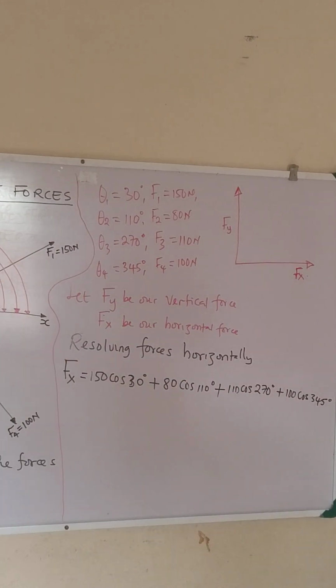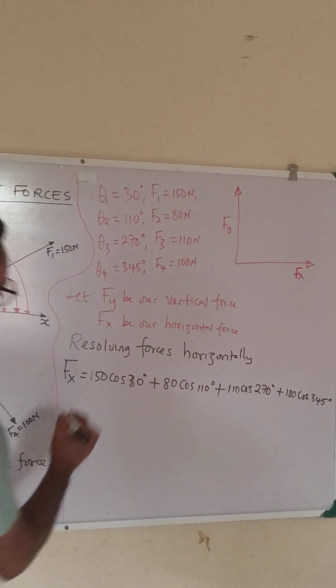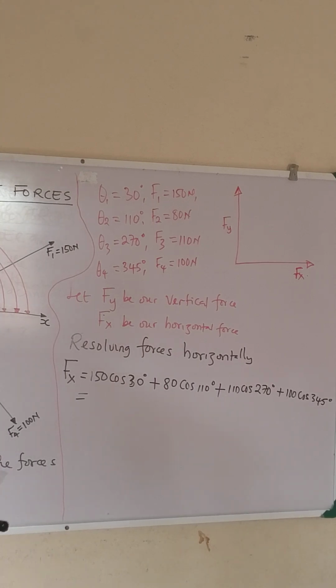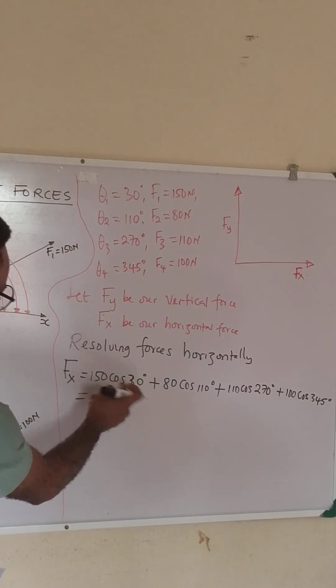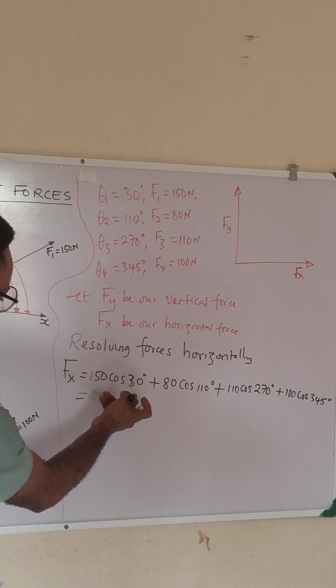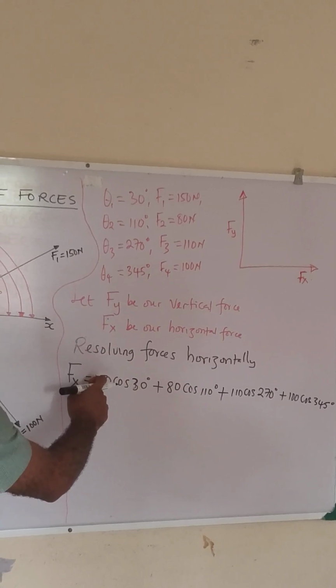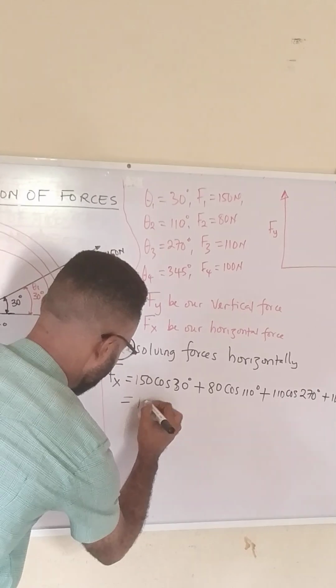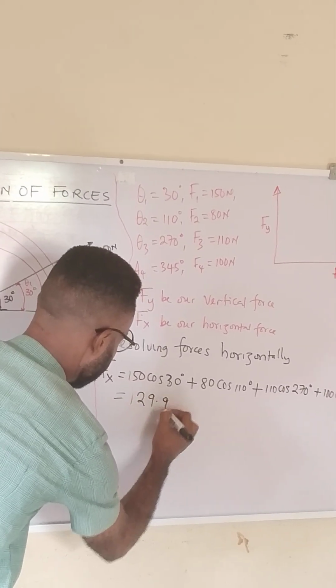So what is cos? If you punch your calculator, you discover that cos 30 is 0.866. So when you multiply it by 150, that will give you 129.9.